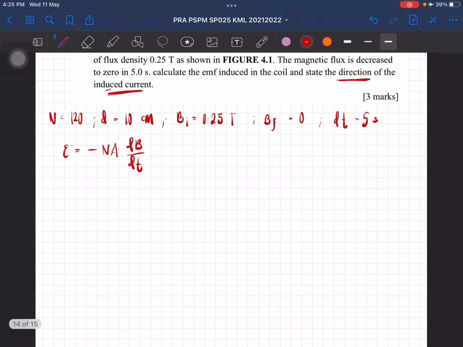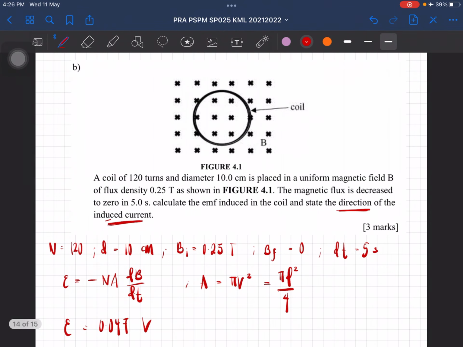Oh yeah, we need to calculate the area, which is pi r square or pi d square over 4. So this one, the induced EMF, you will get 0.047 volt. Okay, and then the direction is gonna be clockwise, so you will use the right hand rule.